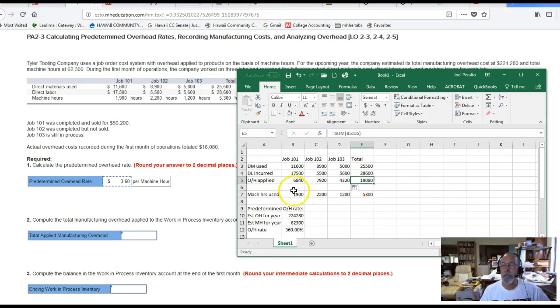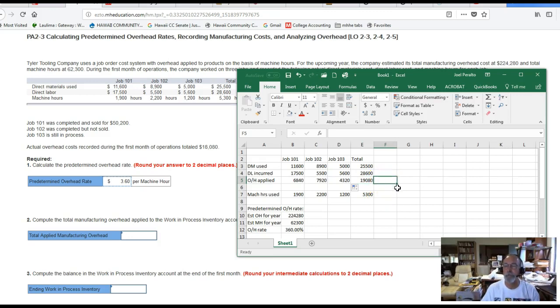So it looks like our overhead applied per job and in total are these amounts. And again, the way we are calculating these amounts is to take the actual machine hours used for each of the 3 jobs and multiply it by the overhead rate calculated in requirement 1. And then this is simply a total of the 3.